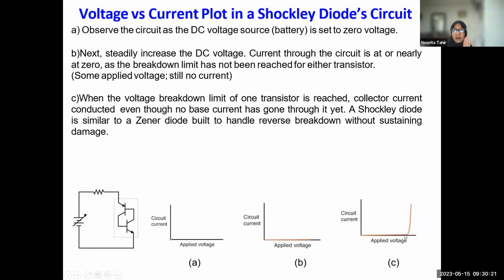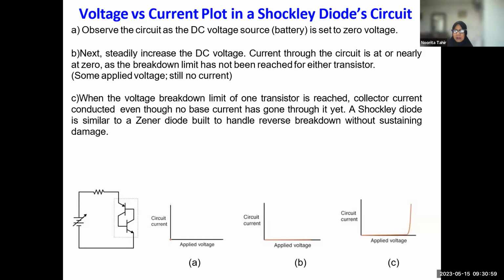It will begin to conduct collector current even though no base current has gone through it yet. Normally, the collector here is connected to the base above, and the upper collector is connected to the lower base. That is how it activates the base current flow.